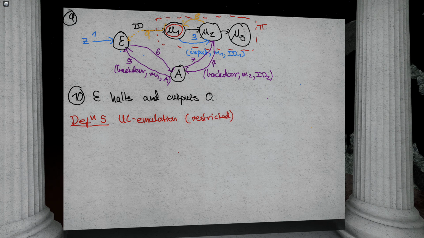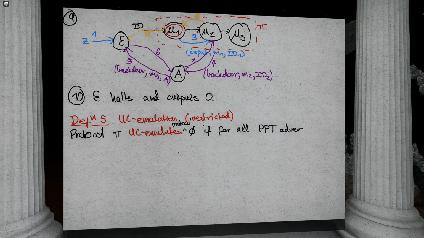The definition is that protocol pi UC-emulates phi, if for all probabilistic polynomial time. Phi is another protocol. Yes.